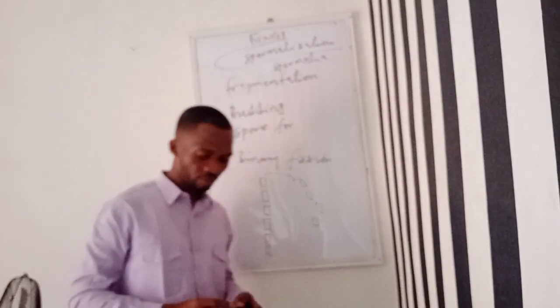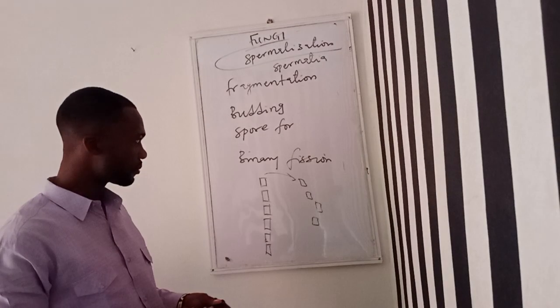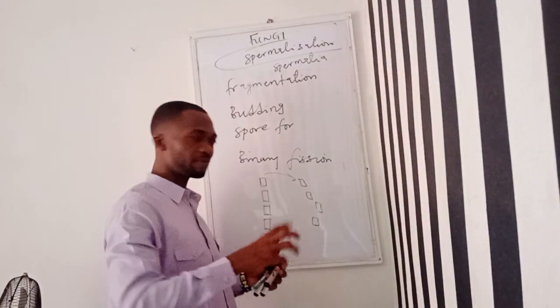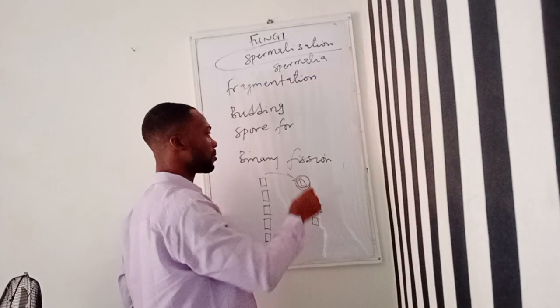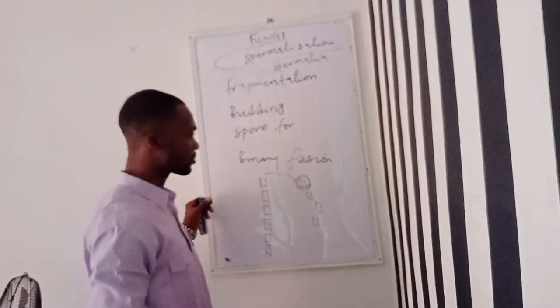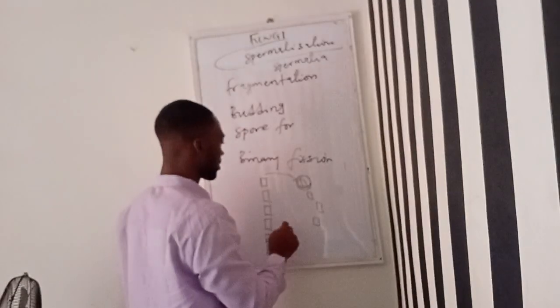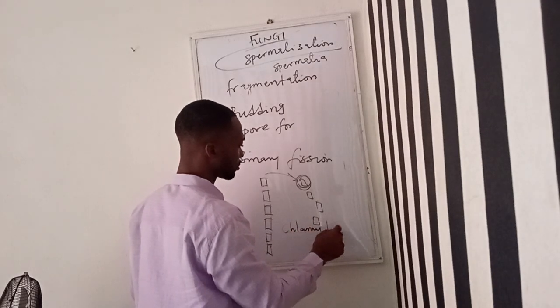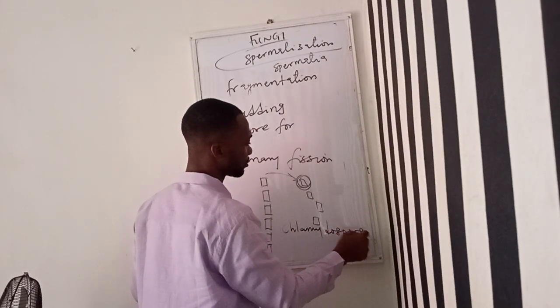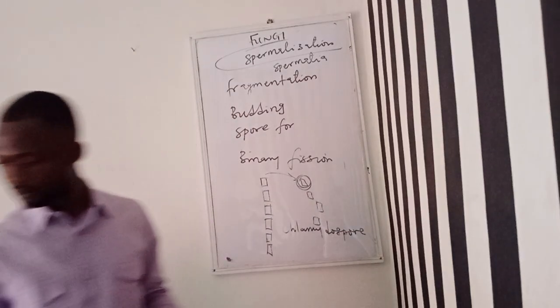By the time they fall on fertile ground, they germinate into a full organism. Sometimes, before the release of these fragments, the fragment may be covered by a thick wall. If it's covered by a thick wall in some fungi, it is called chlamydospore.